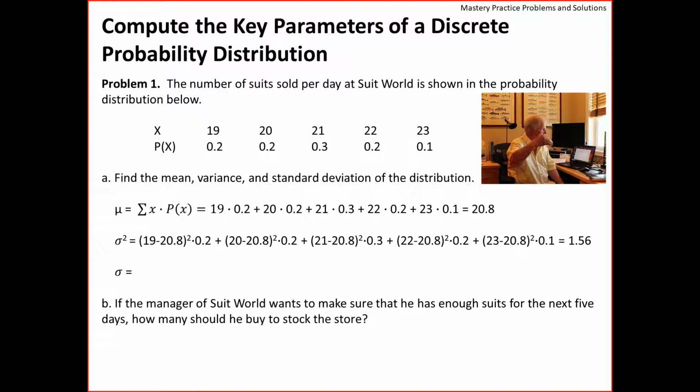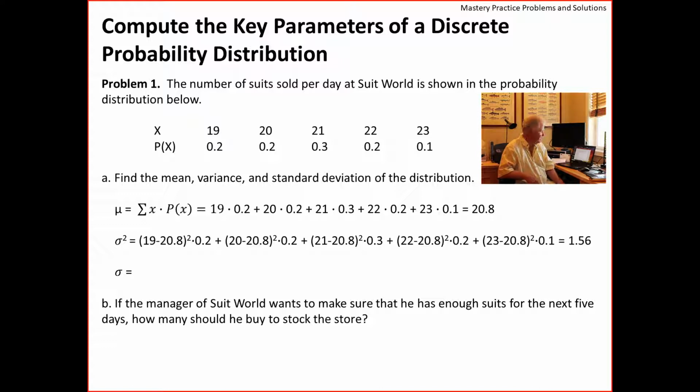The first x, 19, minus the mean, 20.8, square that, multiply it by 0.2, the corresponding p sub x. The next term, the x is 20. The distance of 20 from the mean is 20 minus 20.8. Square that, multiply it by the p sub x value for 20, which is 0.2. And so on down the line, add those all up, and you get the answer 1.56.